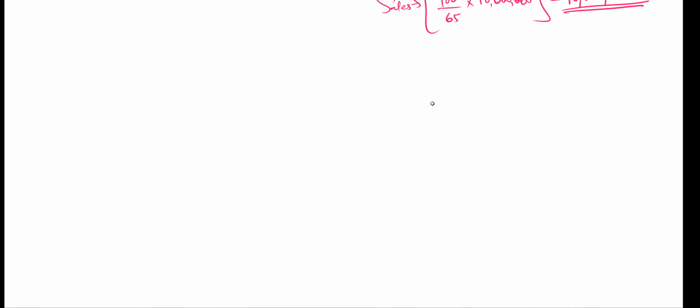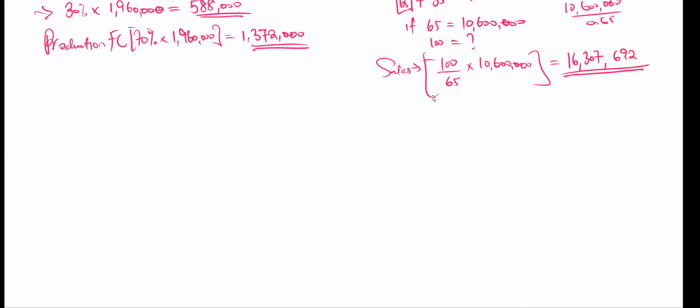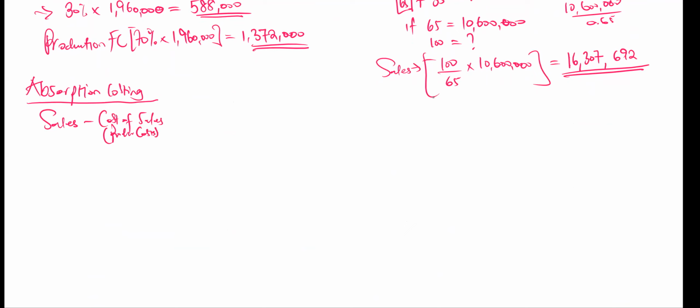So now we are going to look at the distinction between absorption costing and marginal costing. Absorption costing prepares profit the way you do in accounting, right? We get our sales, then we take out our cost of sales, which is our production cost. Then we get gross profit. Then you take our selling, admin, and distribution costs, which are non-production costs.